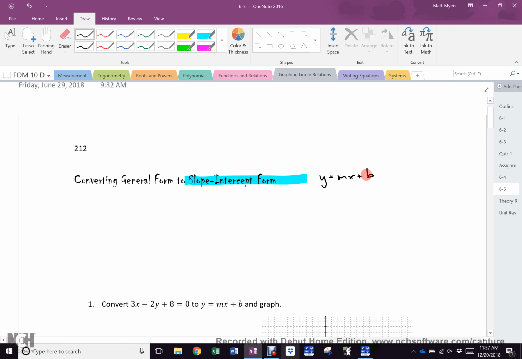M is the slope, which we can find if we need to by y2 minus y1 over x2 minus x1. And b is the y-intercept, which we know is on the y-axis. Everybody knows all that, yes?